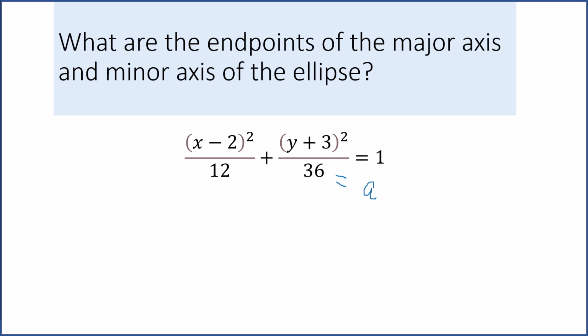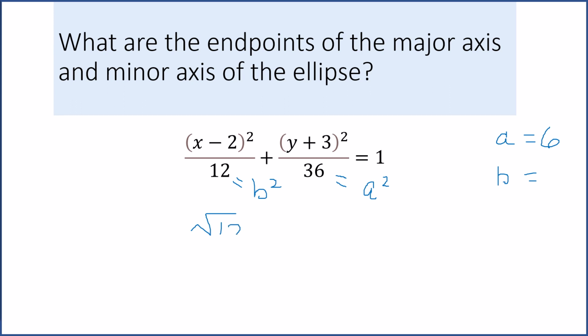So a squared is equal to 36. So a is equal to the square root of 36. We're just taking that positive value, or 6. And b squared goes with the smaller value. So b is going to equal the square root of 12.